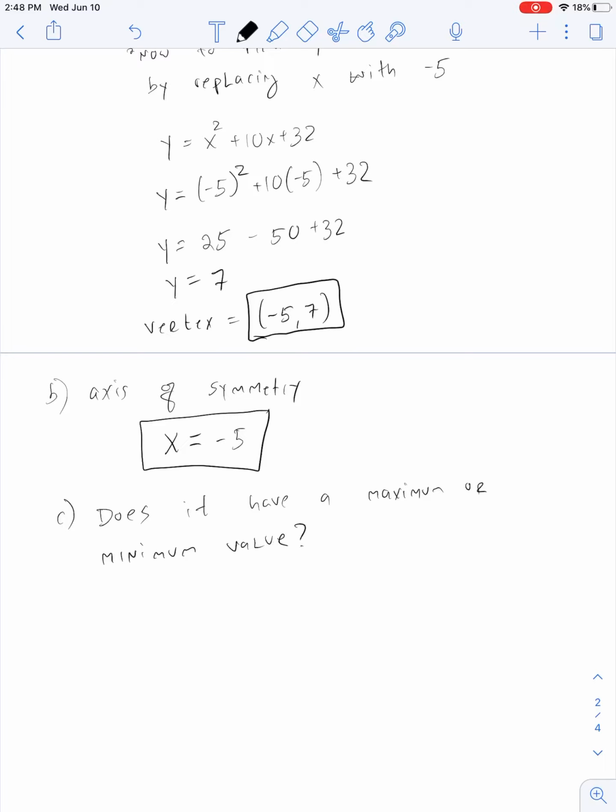Right, so in order to determine if it has a maximum or minimum value, we take a look at our a value, okay? If our a is positive, that means the graph opens up and it has a minimum value.